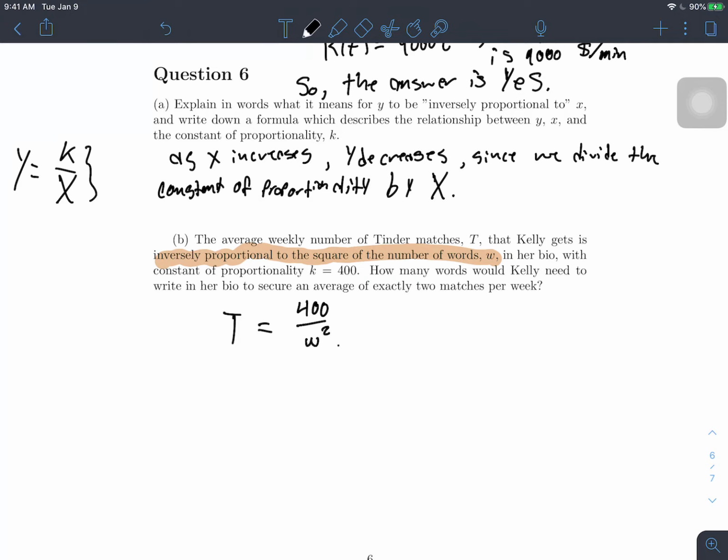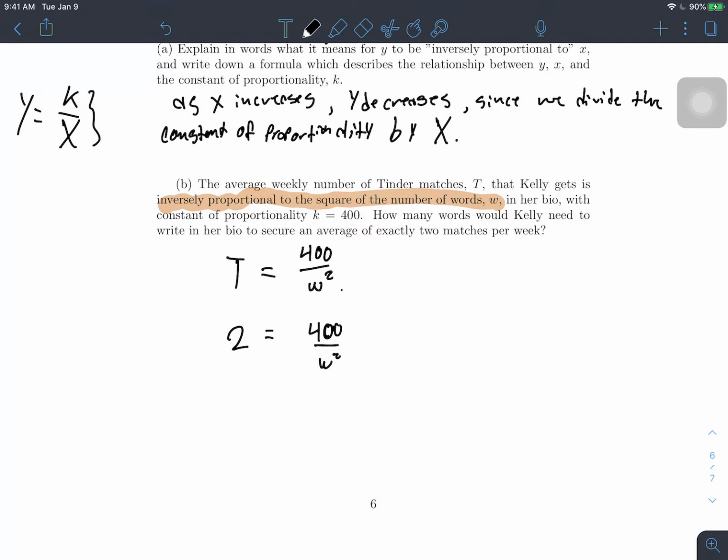Okay. So we want to know how many words Kelly should write in order to secure an average of exactly 2 matches per week. So we'll put 2 on the left-hand side equals 400 over W squared. And we want to solve this. So we're going to multiply both sides by w squared. We'll have 2w squared equals 400, and we'll have w squared equals 200.